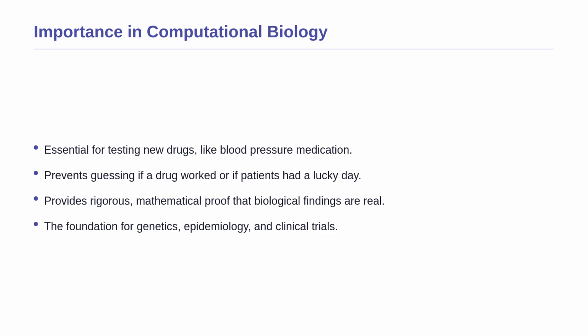Without the z-test, you would just be guessing if the drug worked, or if those specific patients just happened to have lower blood pressure that day. The z-test provides a rigorous mathematical proof that your biological findings are real and reliable. It is the absolute foundation for making confident claims in genetics, epidemiology, and clinical trials.